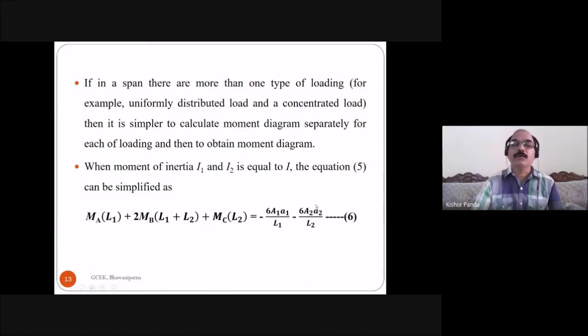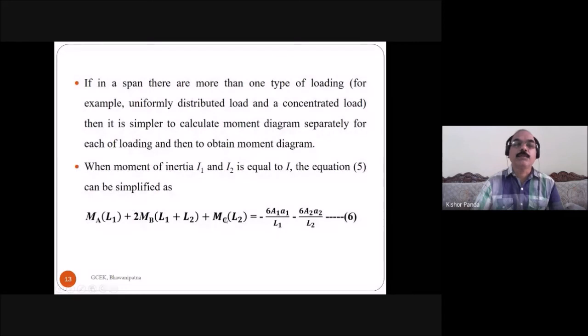Similarly, for BC also you can draw. If more than one type of loading is present, you have to draw the free bending moment diagram separately. Then by using those separate free bending moment diagrams, that area, you can find out the moment of the support.